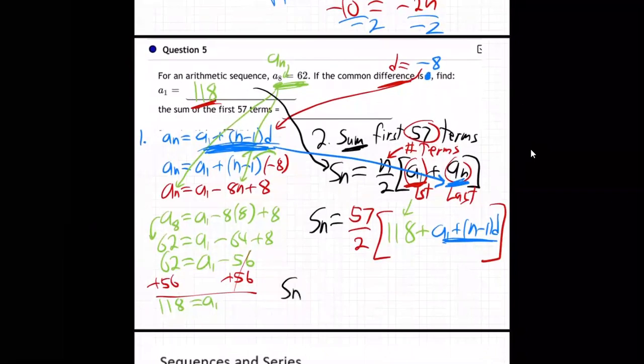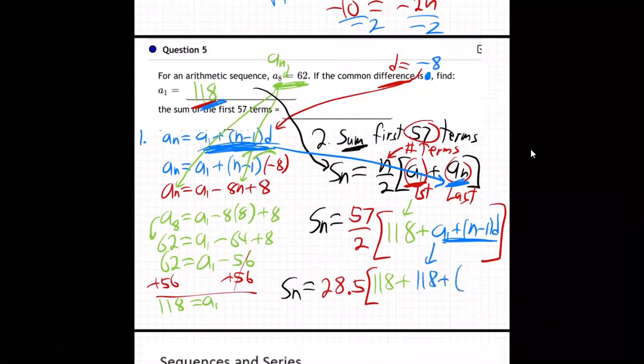What do we got? S sub n equals 57 over 2. That's 28.5. Plus, and again, they're asking me for a1 again. What's a1? Well, it's 118 again.